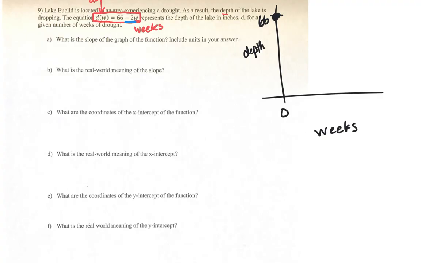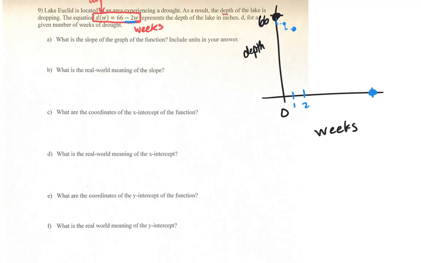That means every week the depth of the water goes down 2 inches every week. So in 1 week it'll go down 2 inches. In 2 weeks it'll go down another 2 inches. And it'll keep going down until I get to this point where we're out of water.